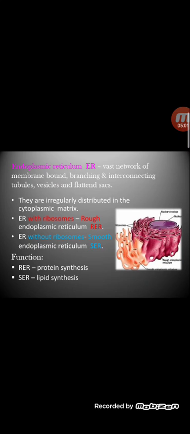ER with ribosomes on the surface appears rough, and is called rough endoplasmic reticulum or RER. Whereas ER without ribosomes appears smooth, and is called smooth endoplasmic reticulum or SER. The function of RER is protein synthesis, whereas SER is involved in lipid synthesis.